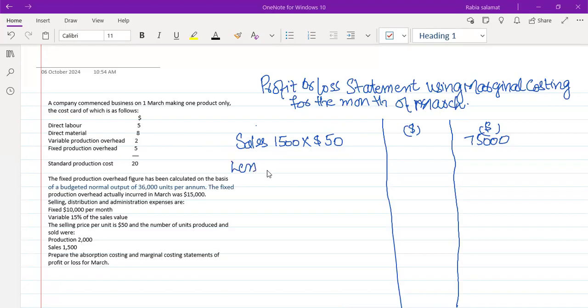Less variable cost of sales, that is 22,500, which you calculated in working 3. So we will get 52,500. This is your gross contribution.